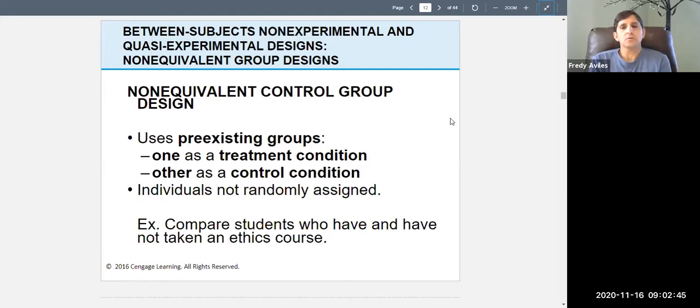People who major in economics are, for the most part, less generous, is what the research finds, than those who don't major in economics. You can test these groups, right? You can test economics majors, non-economics majors, and then you could basically measure how generous they are in some way, okay?